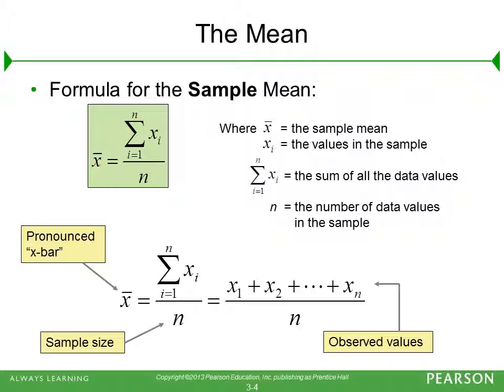The summation sign sums up 1 through n, all of the different observations, and then divides by n, the number of observations we have.